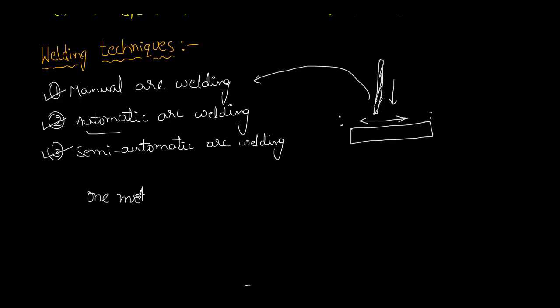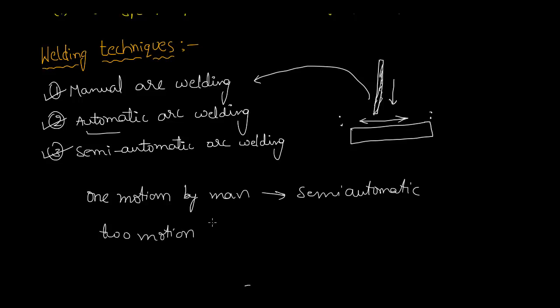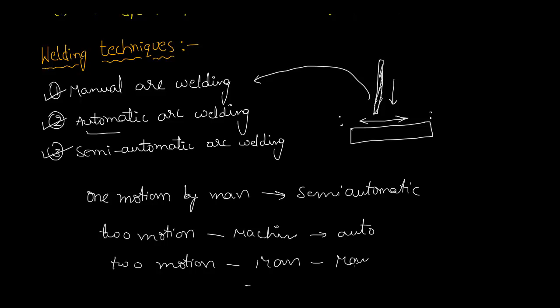One motion by man is semi-automatic. Two motions, to and fro and downward, by machine is automatic. If two motions are controlled by man only, that is manual arc welding.